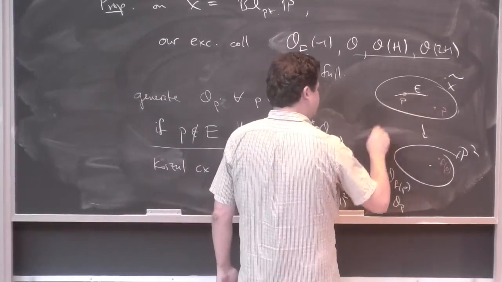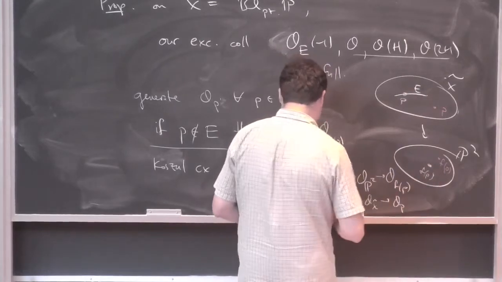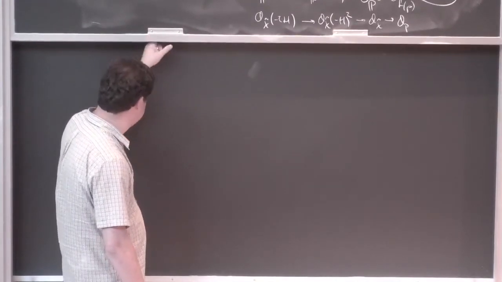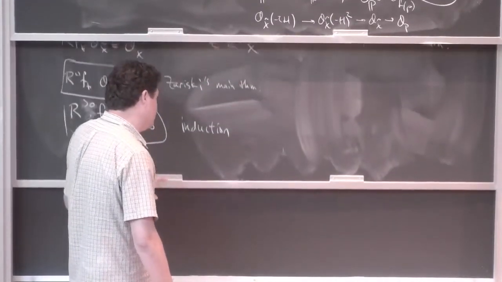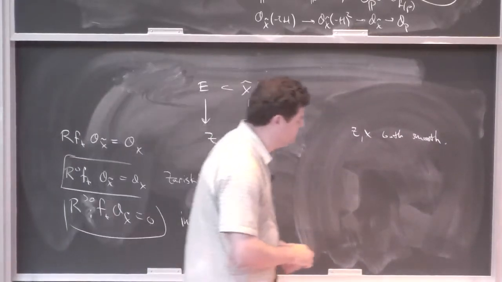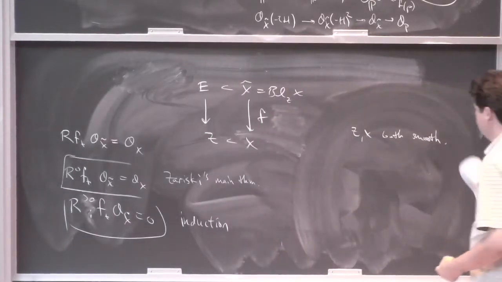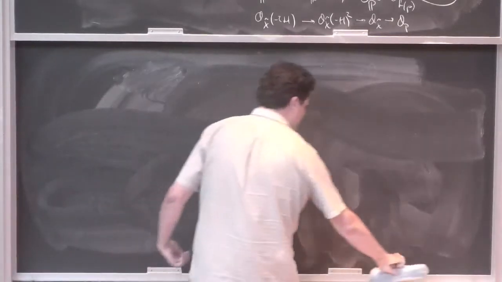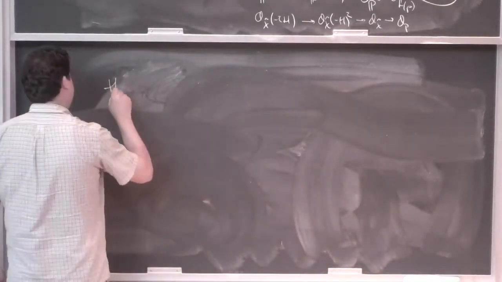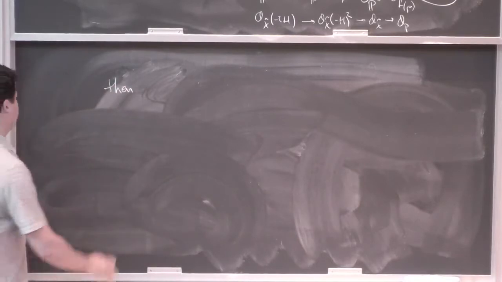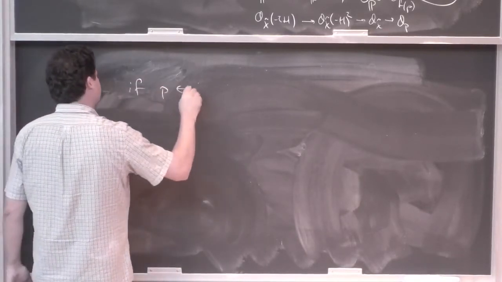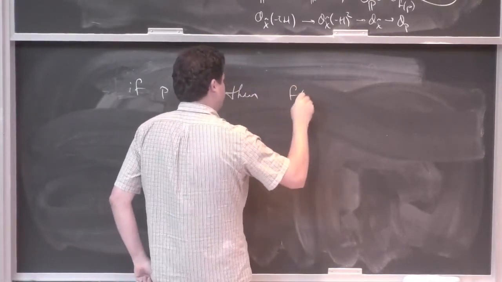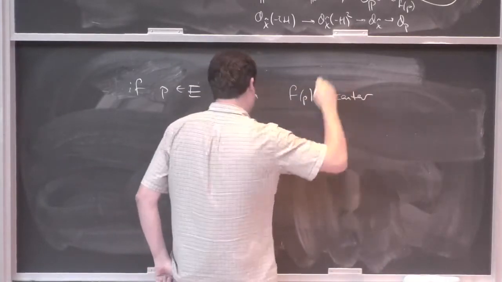On the other hand, if p is there, and if p is the center of the blow-up, then what can we do? Sorry. If p is in the exceptional divisor, then f(p) is the center of the blow-up.